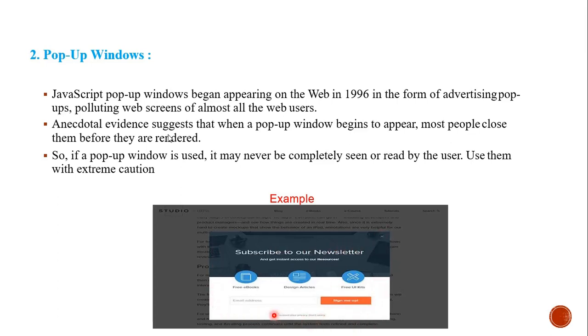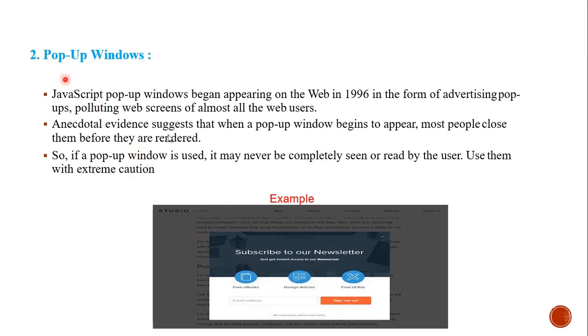The website may be asking you to subscribe to a newsletter or to any magazine, or to subscribe to get any contents from the website. Or it may be asking you to install a certain app, a paid app it may be. So during that time you may observe pop-up windows while browsing.